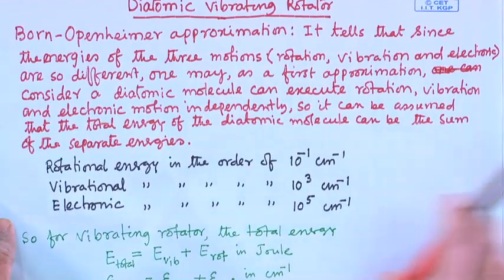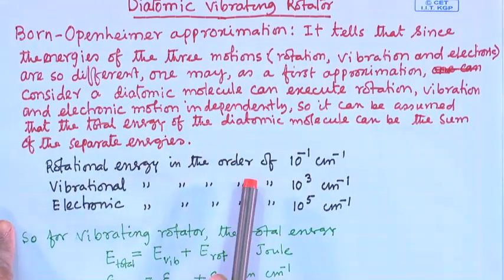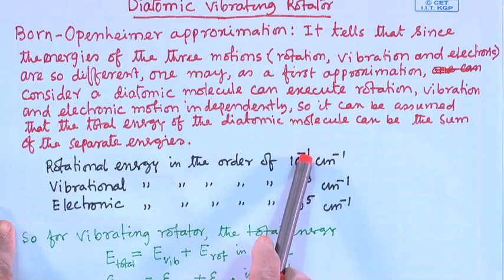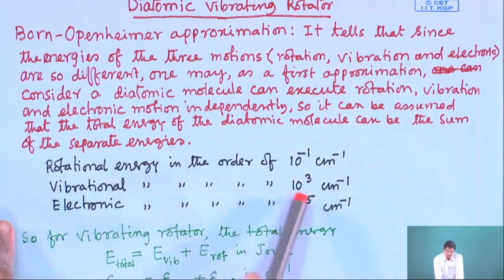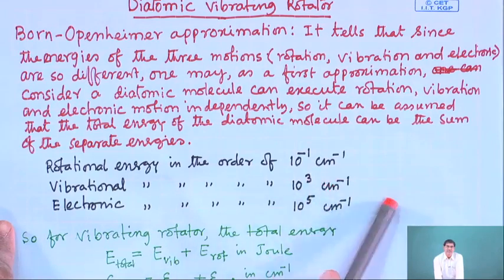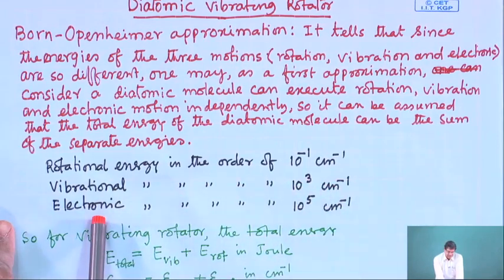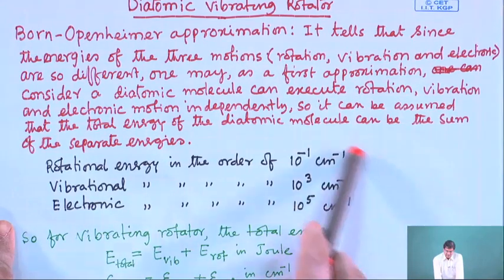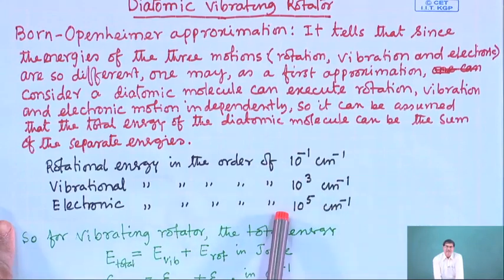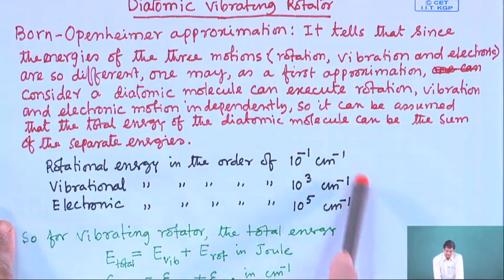So, basically this rotational energy is in the order of 10 to the power minus 1 centimeter inverse, vibration energy in the order of 10 to the power 3 centimeter inverse, and electronic energy in the order of 10 to the power 5 centimeter inverse. This is the order of the energy of rotation, vibration and electronic. So, they are really quite separated.